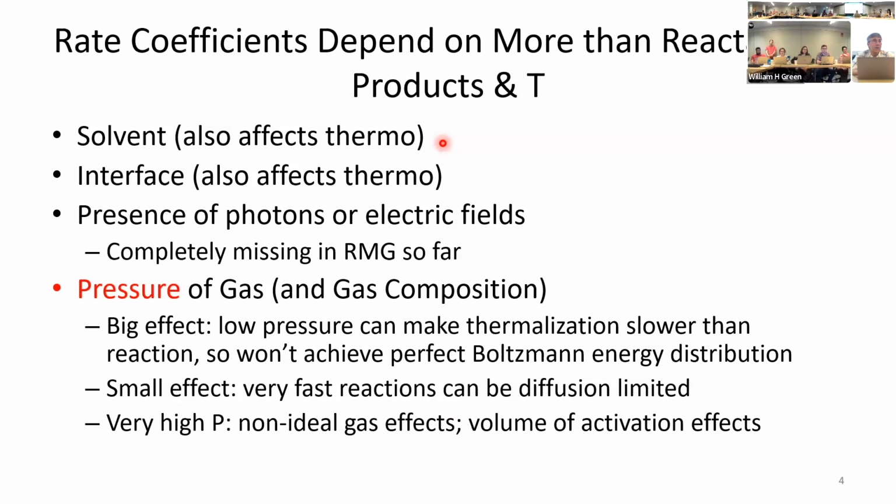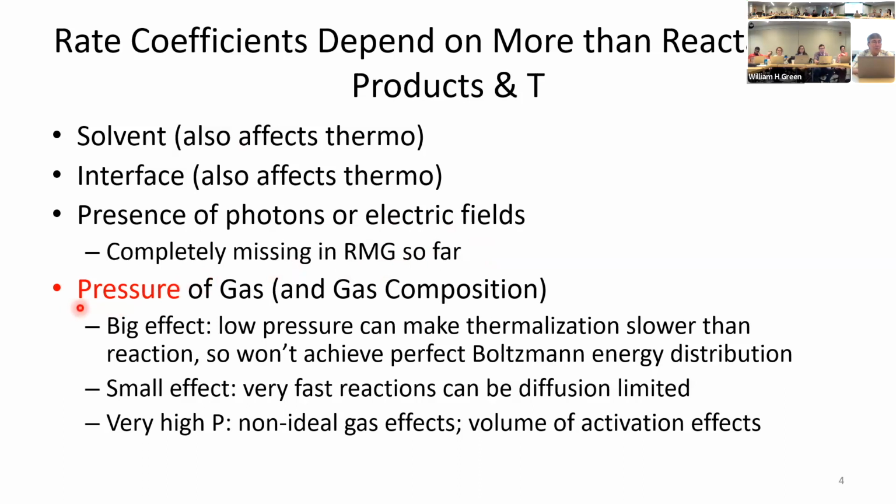And of course, the solvent changes the equilibria as well, because it changes the thermo of the species. They also depend on having interfaces. So if I put a hunk of platinum in there, you can get changes. If I put this whole thing inside a strong laser beam, you can actually get changes in what happens. That whole phenomenon is not present in RMG, but it would be a good addition.